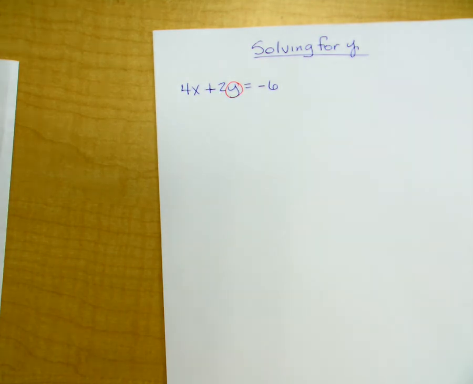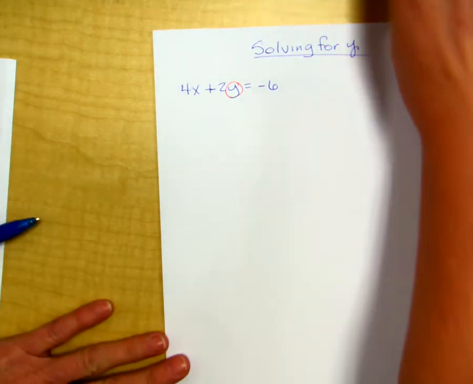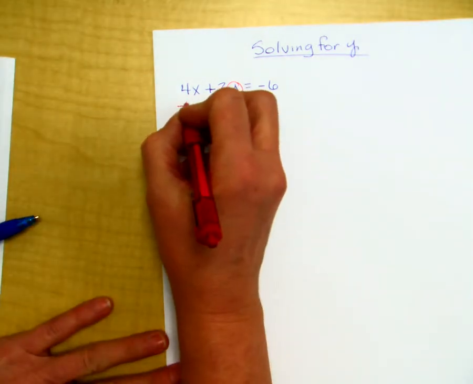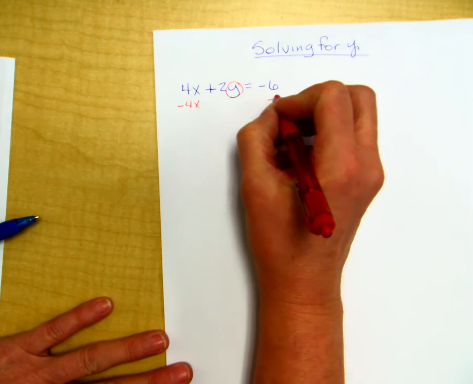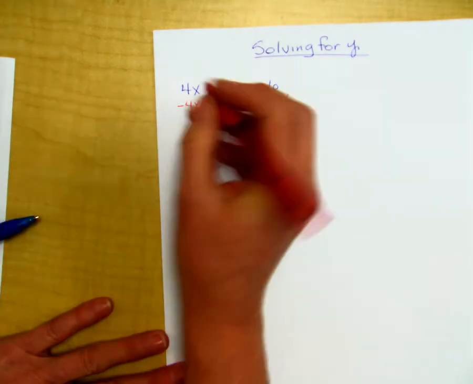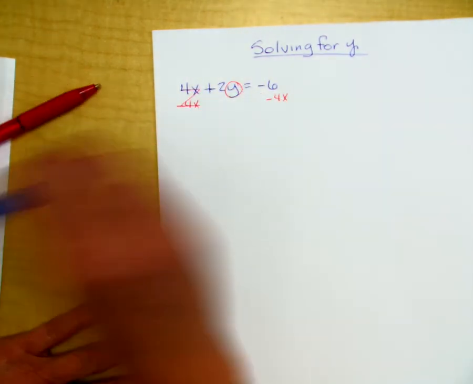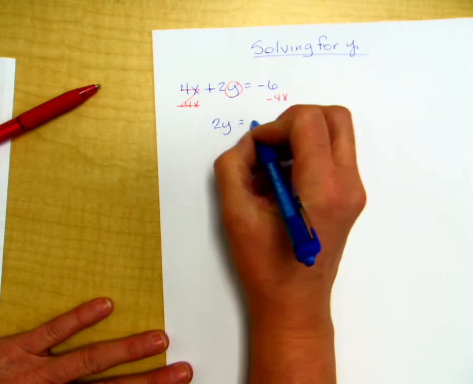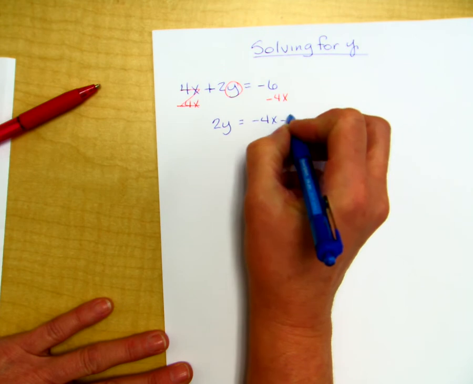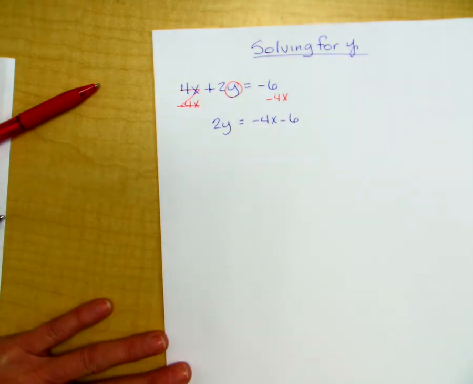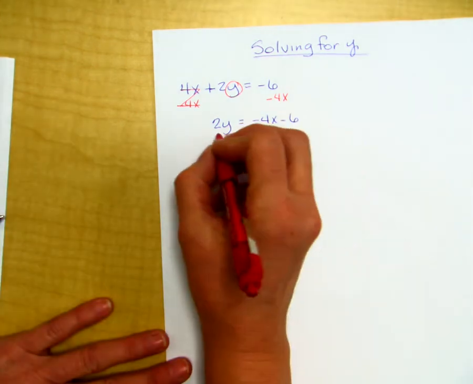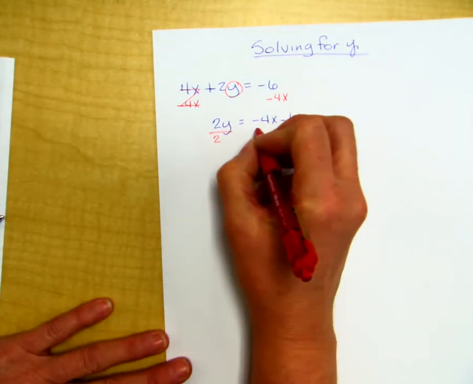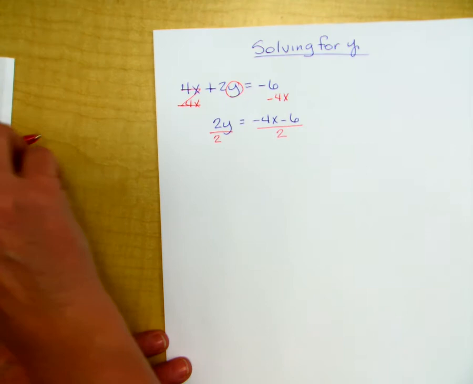And so question 5 asks if we can add or subtract to get rid of one of these terms, and we can. We can subtract 4x from both sides. This makes a 0 pair. We end up with 2y equals -4x minus 6. And then can we multiply or divide to get rid of that 2? We indeed can divide everything by 2.